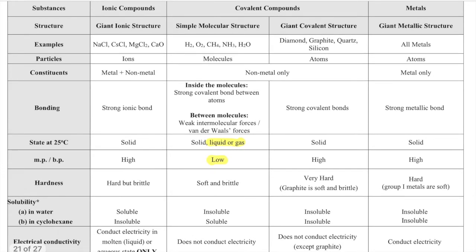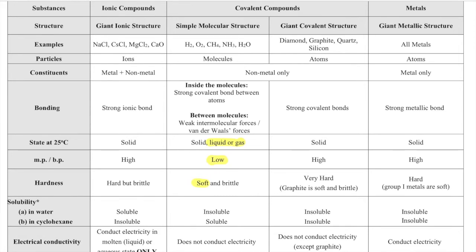Again, we're doing comparison to find out the unique property, so I want you to highlight this one. The simple molecular structure is usually soft. Again, that's to do with the weak van der Waals forces between molecules. For the rest, the three giant structures, they have either strong ionic bonds, strong covalent bonds, or strong metallic bonds, so it requires a lot of energy to separate them. So they are very hard in general.